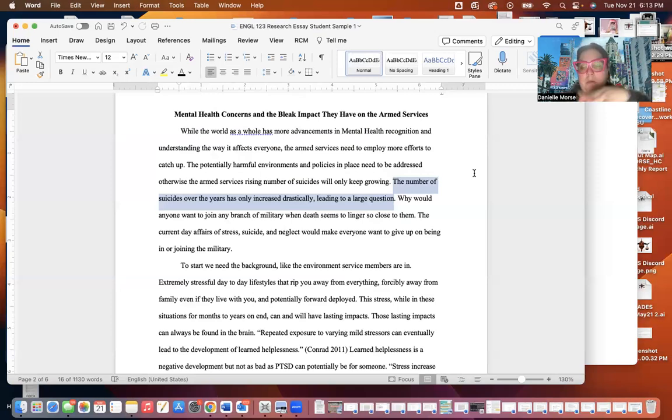So even when we use statistics and percentages, I will be the first to say I don't believe in facts. Everything can be questioned. That doesn't mean that we can't include that information in here, but we need to use hedging language, because we have to recognize that.